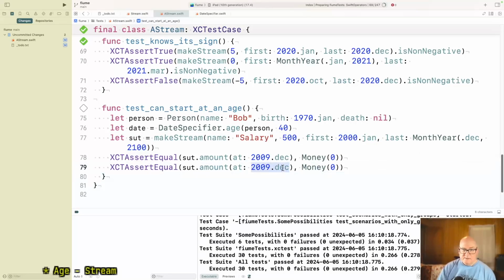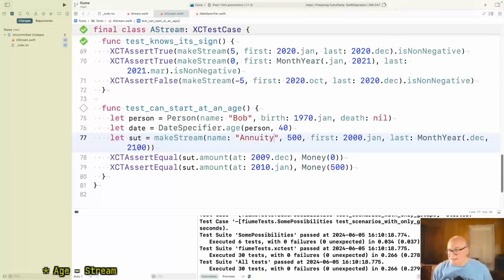But if I ask in 2010 January, he should get 500. And I don't know, it's probably really an annuity of some sort.